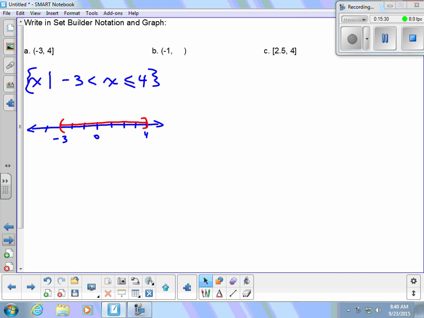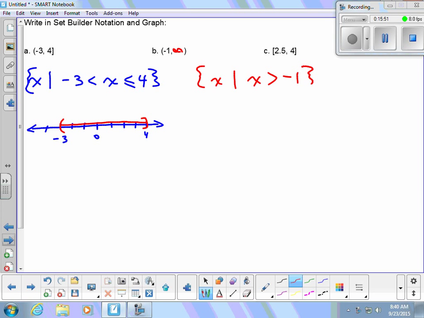So let's look at B. We're going from -1 to infinity. Okay, so that's the set of all x such that, notice that it's rounded here, x is greater than -1. So to sketch that one, we use a number line.